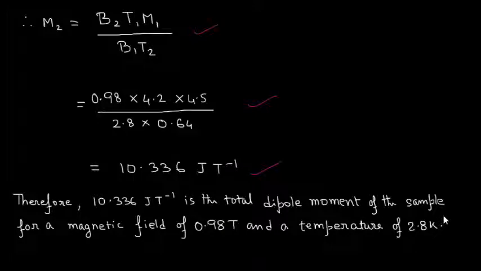Therefore, 10.336 joule per Tesla is the total dipole moment of the sample for a magnetic field of 0.98 Tesla and a temperature of 2.8 K. Let us see the next problem.